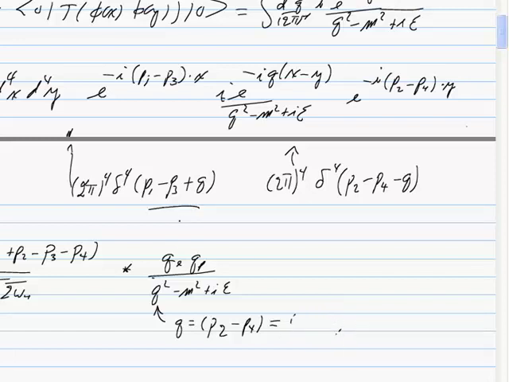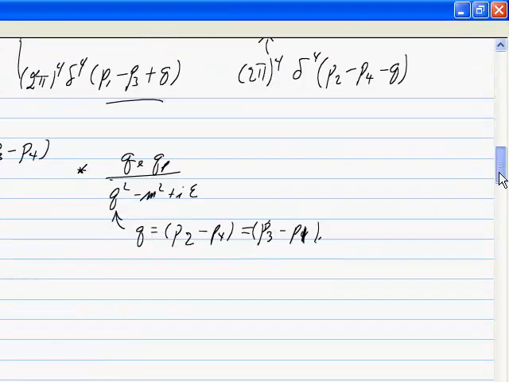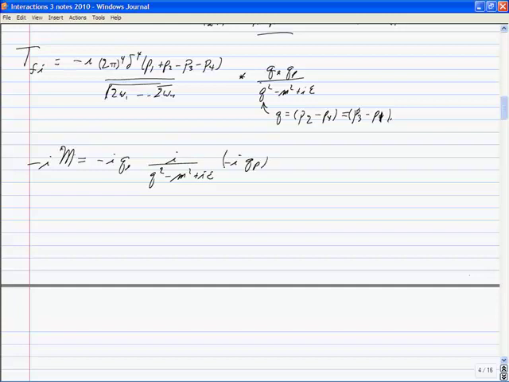From up there, q is p3 minus p1. Okay. So this gives us what we claimed before: minus i q_e, i over q squared minus M squared plus i epsilon, minus i q_p.